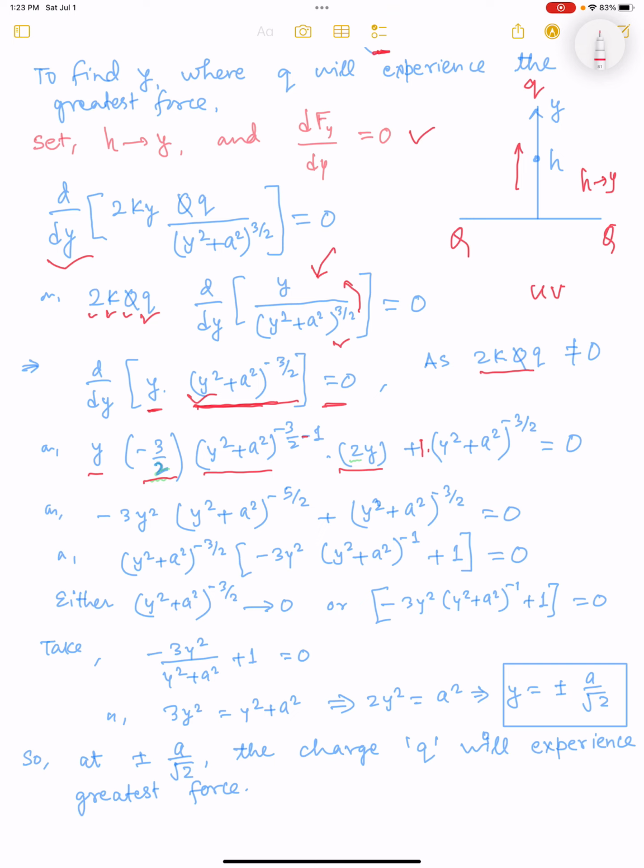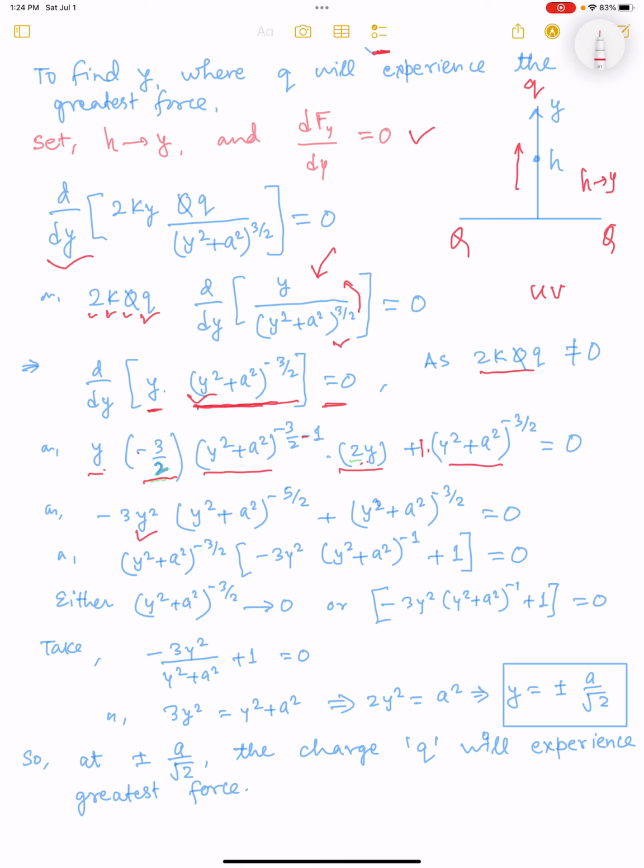Equal to 0. So this 2 and 2 goes away, and you end up getting minus 3y times y, which is y squared, and the whole term with minus 3 over 2 minus 1 will be just minus 5 over 2, and the same value here.